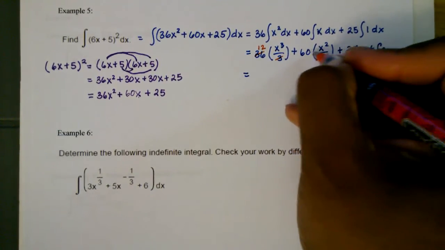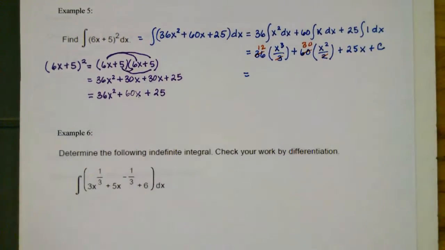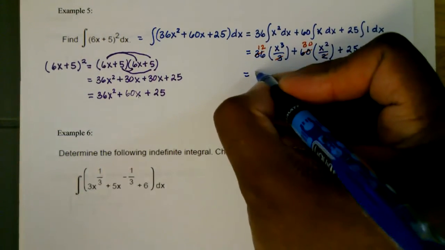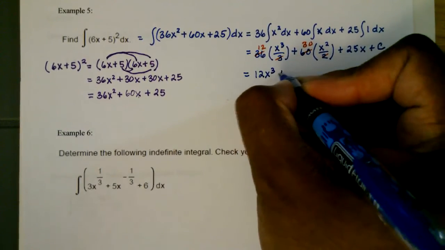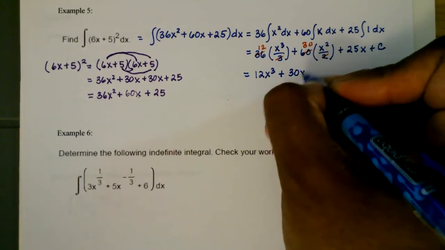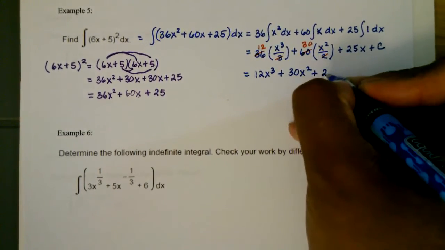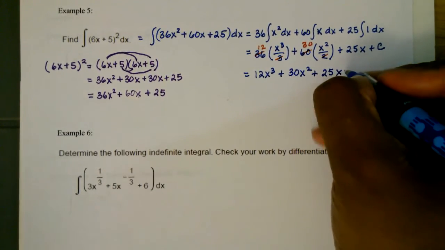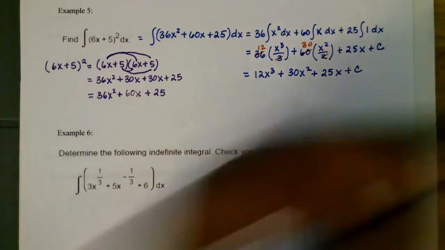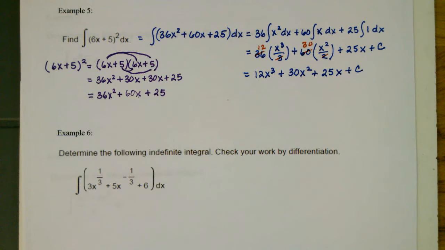And if I divide 2 into 60, that's going to go 30 times. So I'm going to end up with 12x cubed plus 30x squared plus 25x plus c. So that's the integral of (6x + 5) quantity squared would be 12x cubed plus 30x squared plus 25x plus c.